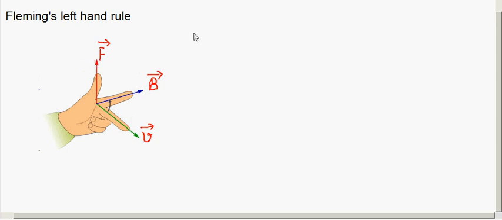So forefinger means F, the field, middle finger means I, that is current or velocity, and the thumb means M, the motion of the conductor, or actually the force. The charge will then move in the direction of the force, so this force can change the direction of the charge.